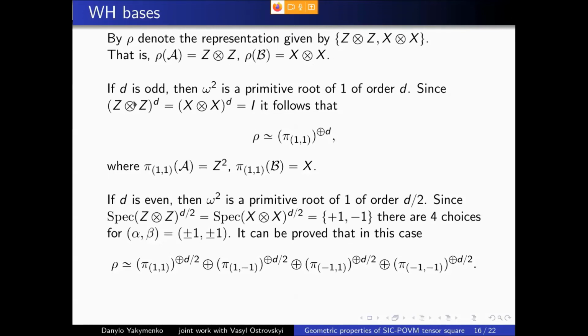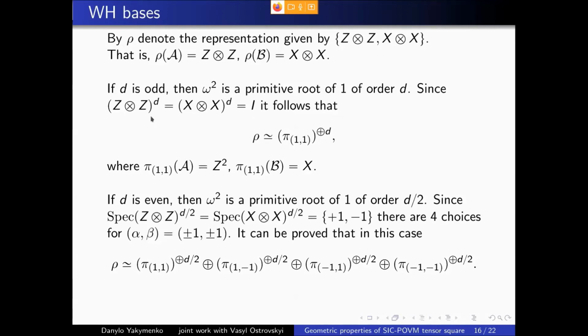And if the dimension is odd, then omega squared is still a root of unity of order D, right?